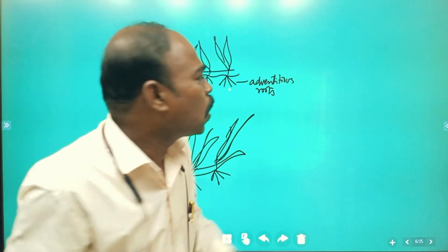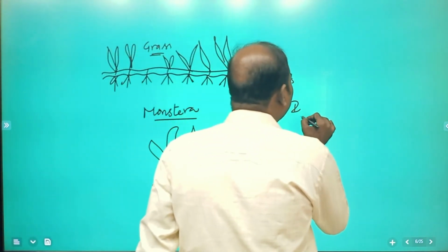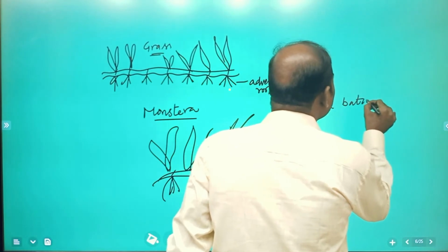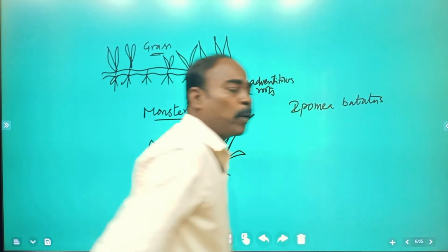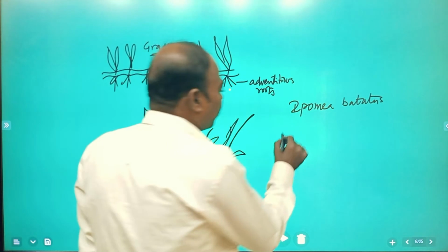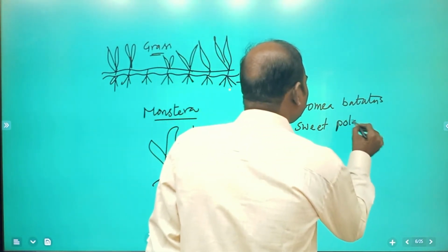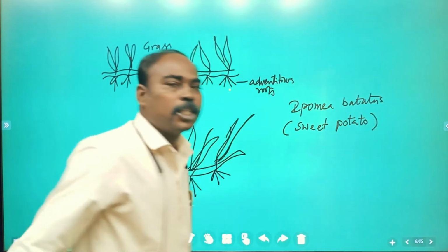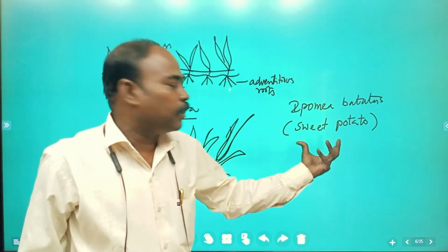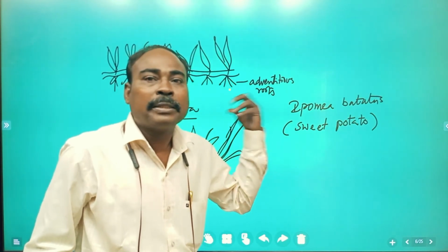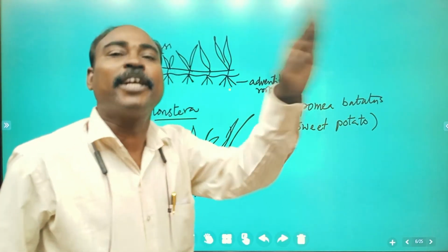For example, you know Ipomea batatas, common name sweet potato. In sweet potato, we are used to eat that part, which is nothing but adventitious root.